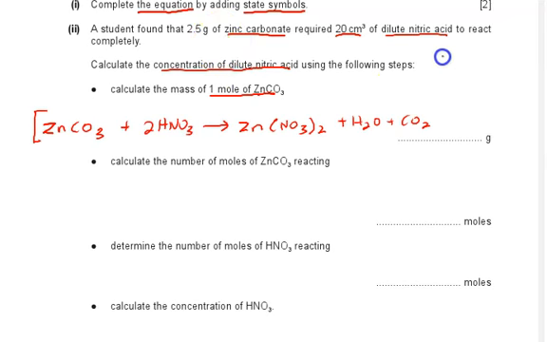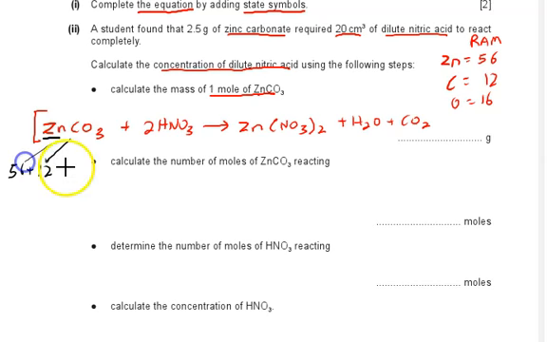So the RAM for zinc is 56. For carbon it is 12 and oxygen is 16. So we just have to add them on. So zinc is 56 plus carbon 12 plus oxygen, 3 times 16.